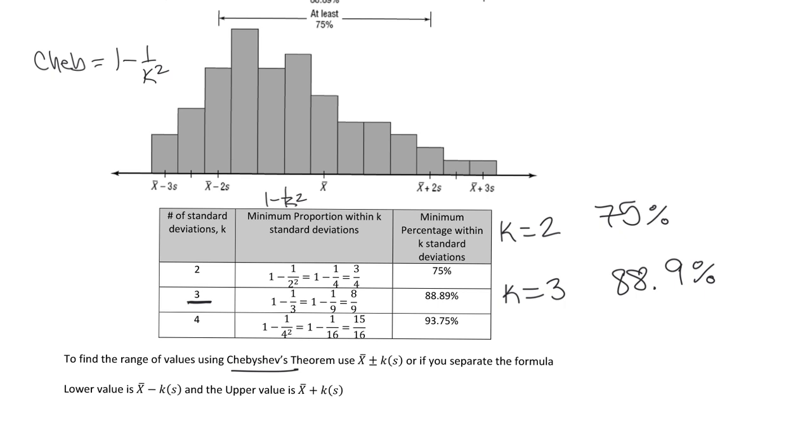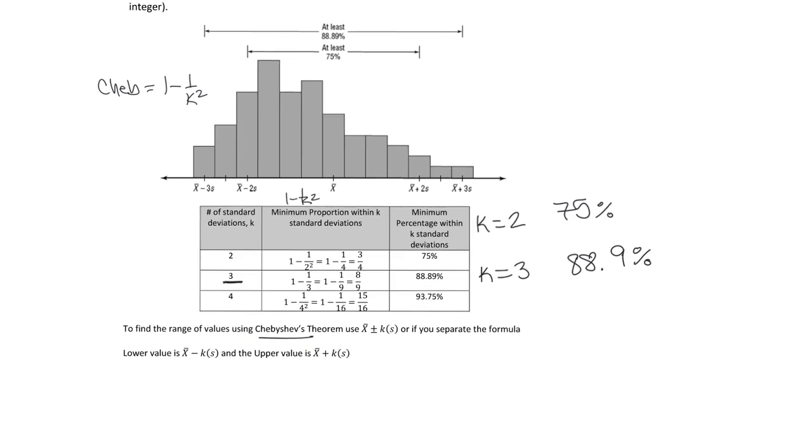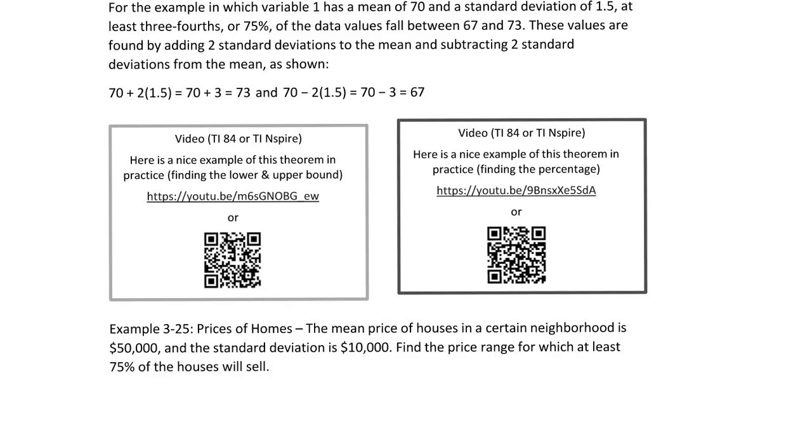Okay, if you're more of a hands-on learner, you might need to see this in a specific example. That's just the general definition, and I'm now going to do an example of specifically what this would look like. So let's do an example together. It says, for the example in which variable 1 has a mean of 70 and a standard deviation of 1.5, at least 3/4 or 75% of the data values fall between 67 and 73.